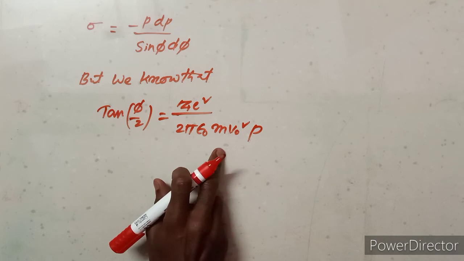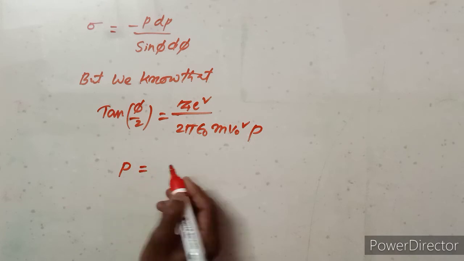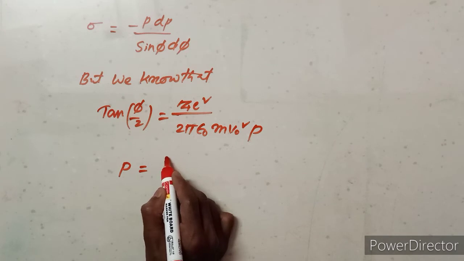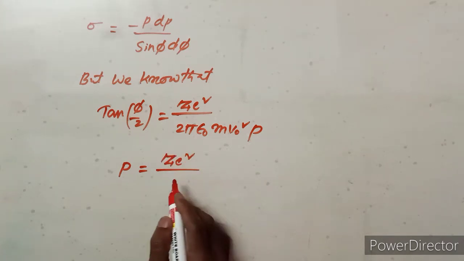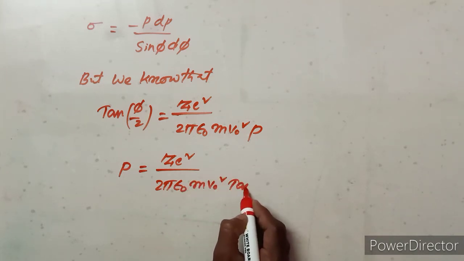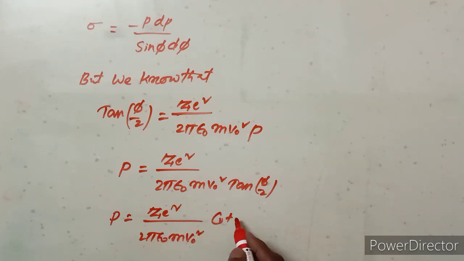So from the scattering angle we write P as the subject, interchanging these two terms: P equals Ze square upon 2 pi epsilon naught m v naught square tan of phi by 2. That is, P equals Ze square upon 2 pi epsilon naught m v naught square cot of phi by 2.